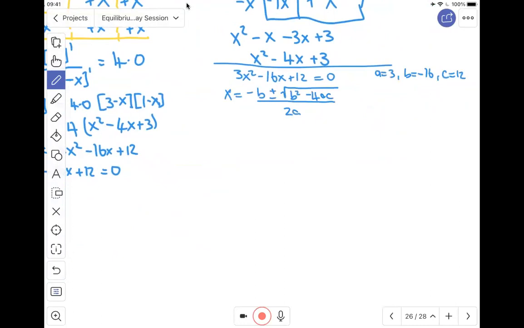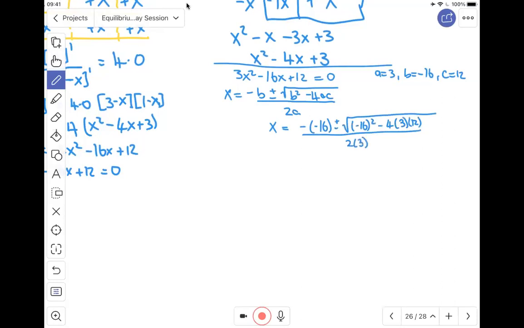So we will get x is equal to minus 16 plus or minus the square root of minus 16 squared minus 4 by 3 by 12, all over 2 by 3.